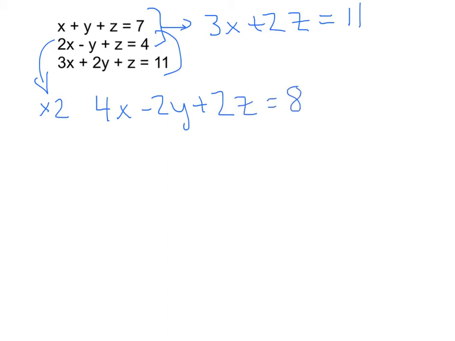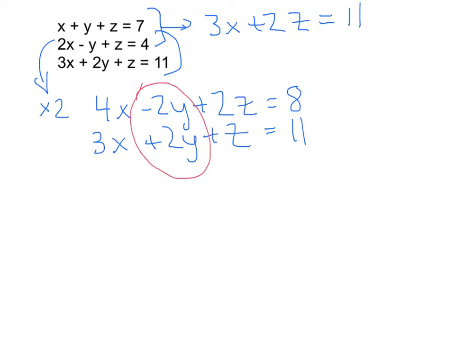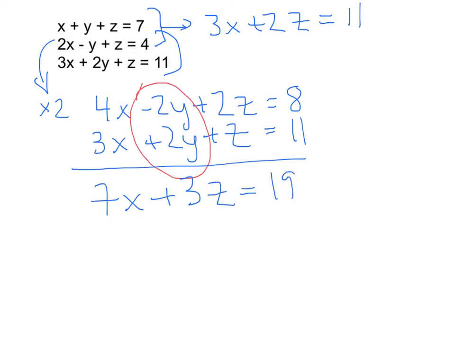And of course, we'll just rewrite the third equation again. That's 3x plus 2y plus z equals 11. And now, of course, since we have an opposite number of y's in the two equations, when we add the equations together, we're going to get 7x plus 3z equals 19, and the y's are gone.